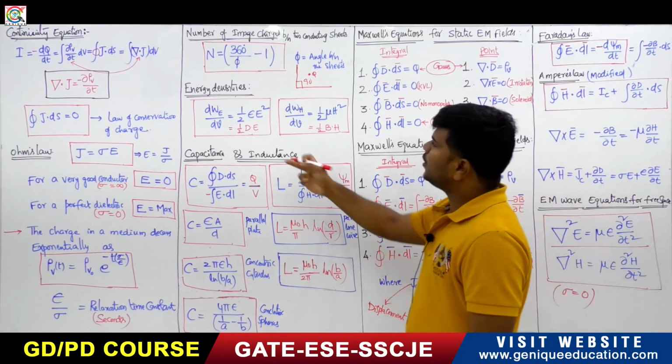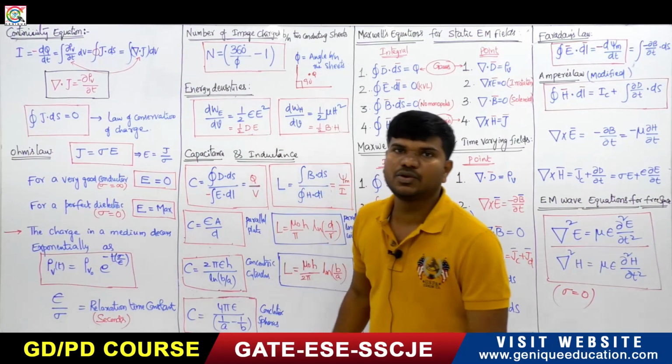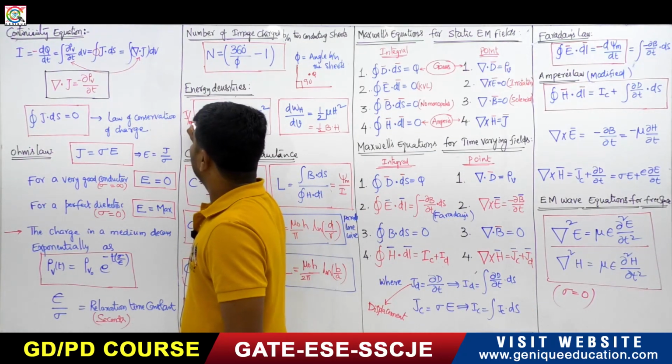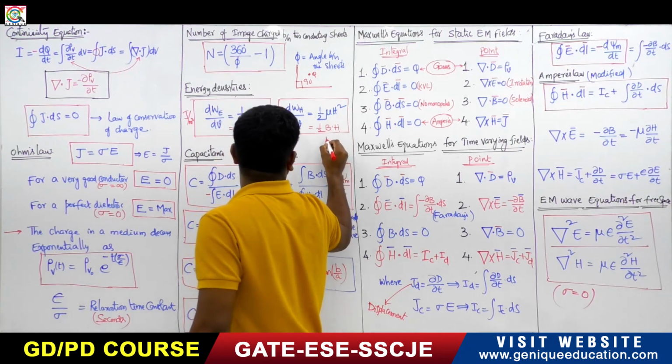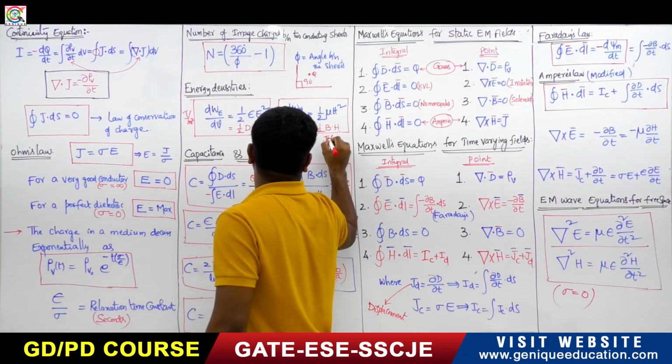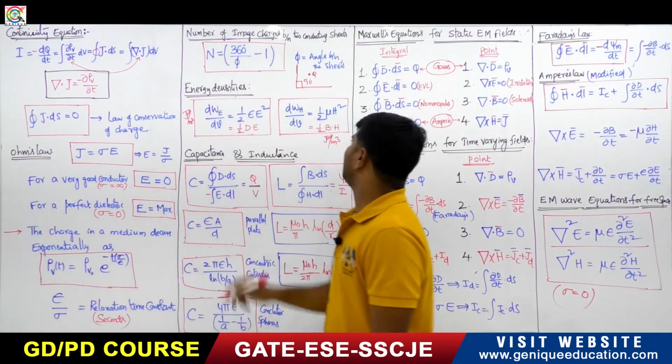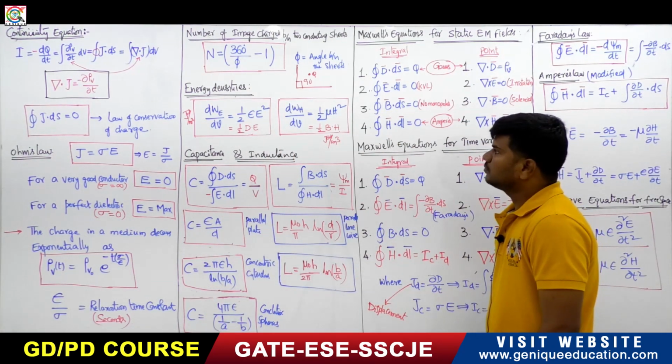What are the units? Joules per meter cube. The units of this one and this one are joules per meter cube.